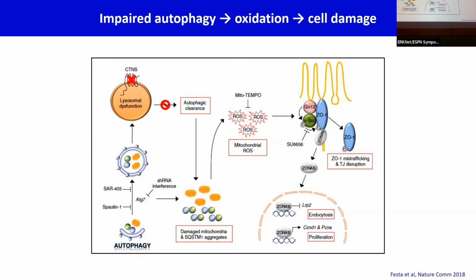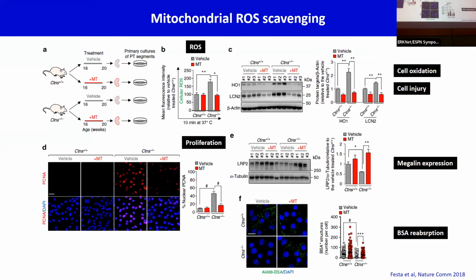And so here the rationale would be that if you target the mitochondria with a scavenger molecule, you would improve the phenotype.